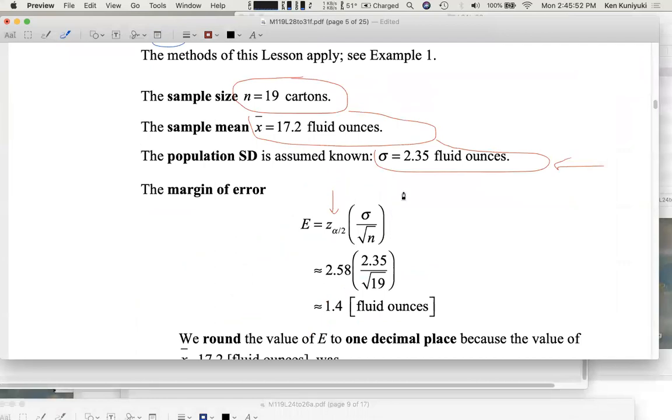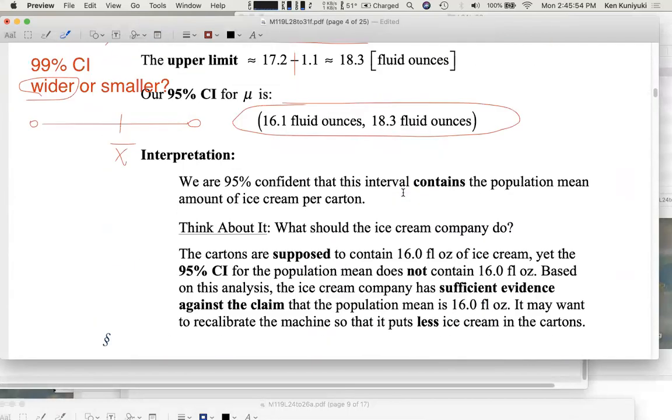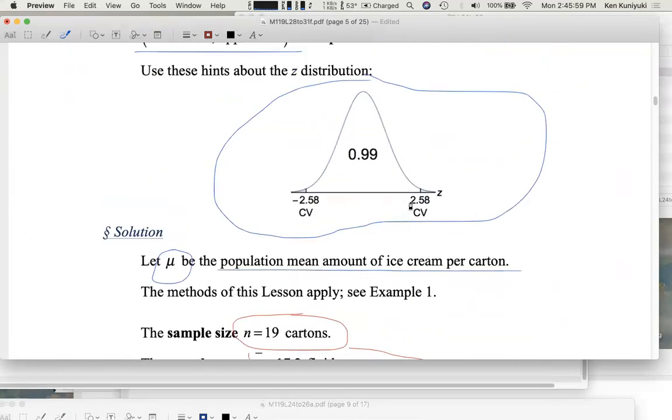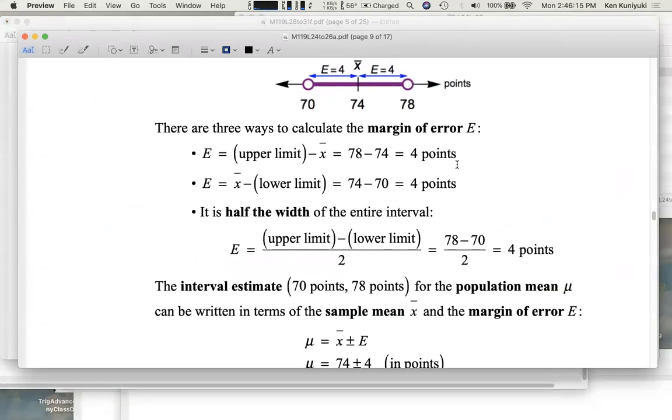So once again, using the hints, we want to use these critical values, positive 2.58 and negative 2.58. The positive 2.58 is your Z sub alpha over 2, that fancy notation. It represents the positive critical value.